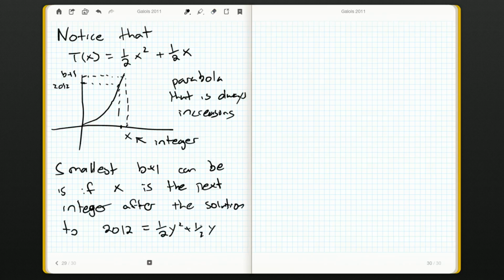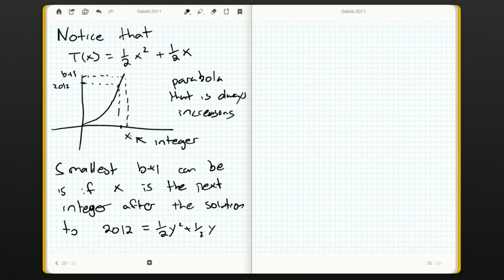Okay, so now we have a plan of attack. If we can figure out where this quadratic is equal to 2012, and that'll give us some value on the independent axis, we figure out the next integer, because we know x has got to be a positive integer, then we should be all set. Okay?